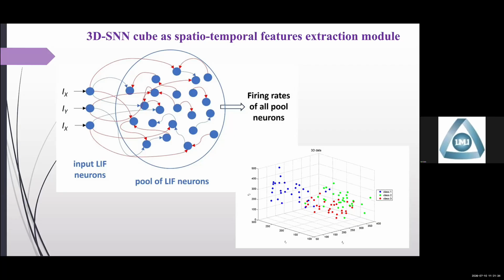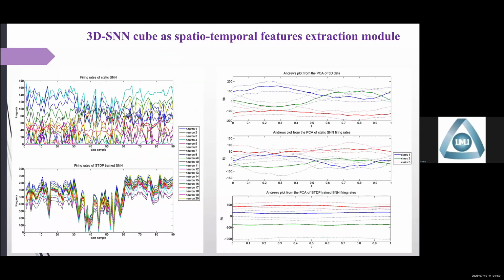We want to cluster this data, exploring the firing rate activity of the whole pool of neurons, and you see the neurons could be connected randomly or not so randomly. I will explain further. So what happens if we run a neural network without STDP trained connections? We have this more or less random activity in the firing rates of this pool of neurons.